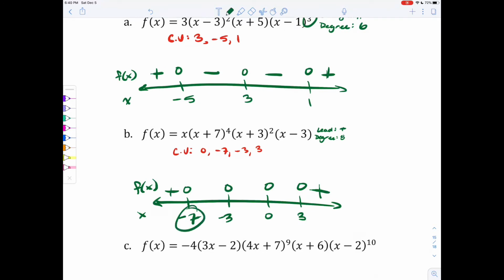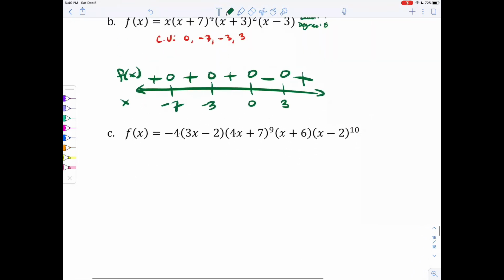Over -7, even multiplicity, I'm not switching. Over -3, even multiplicity, I'm not switching. Over the 0, odd multiplicity, I'm switching. And over 3, odd multiplicity, so it switches again. And that one's done.